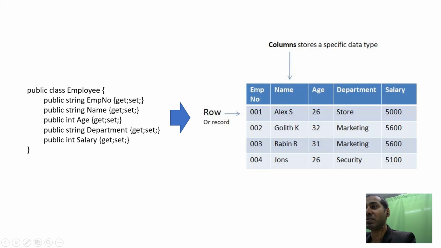For the name of the employee, we had Alex X. So as you can see, these are all text values or string values. Age is always a number. Department is always a word or a string, and salary is always a number, as is specified in our model. And the actual data for each of the employees is a row.